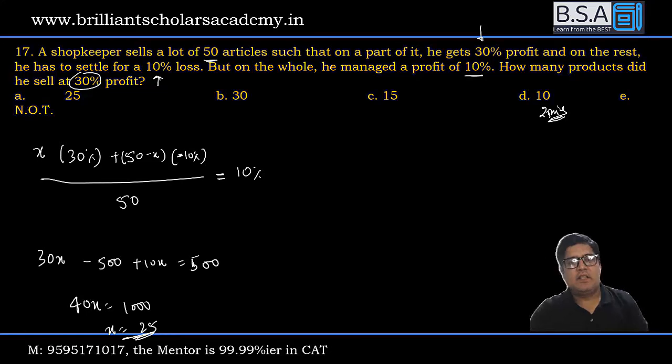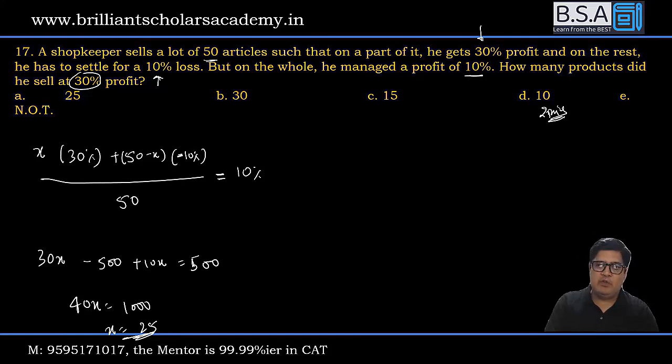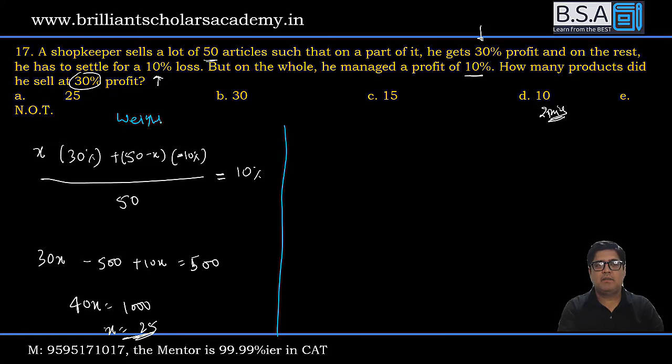Now, is this the only way to solve? In future, I will cover a topic called allegations. See, the left-hand side is the weighted average approach. Allegations. What you are doing is, forget 50.